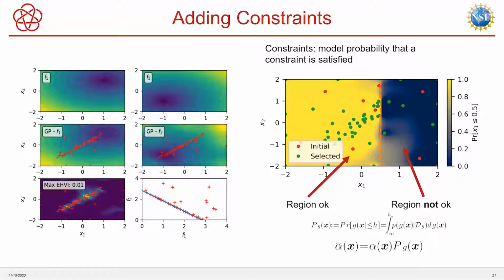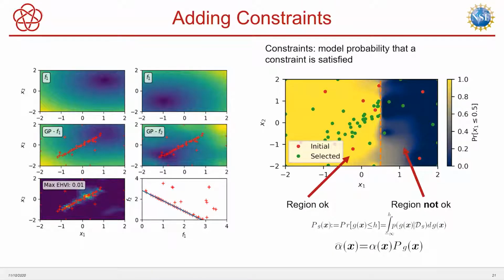In this case, instead of constraining the objective space, we replace one of the Gaussian processes for the objective with another surrogate model that simply predicts whether we have a high probability of either satisfying the constraint or not satisfying the constraint. And then we multiply our overall objective or acquisition function by this probability.